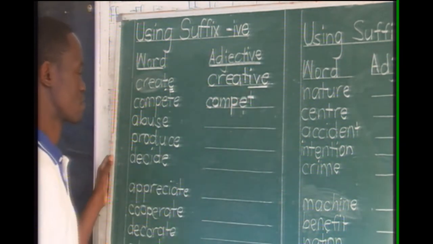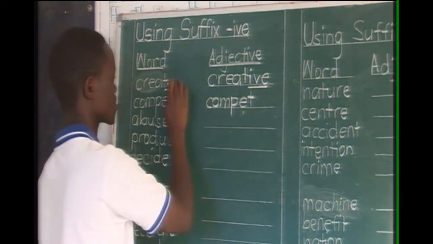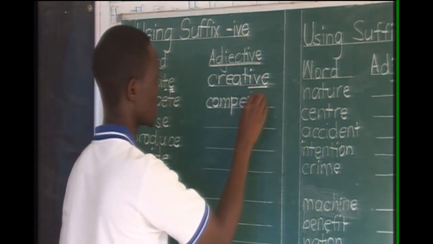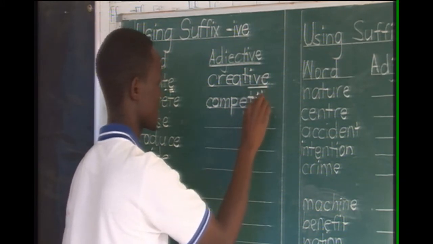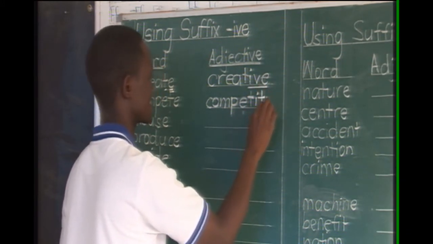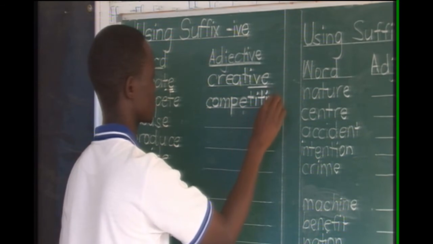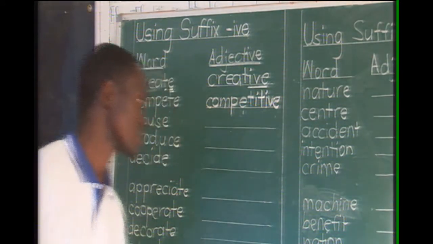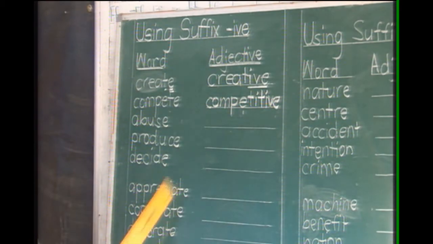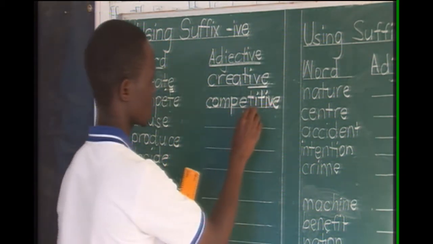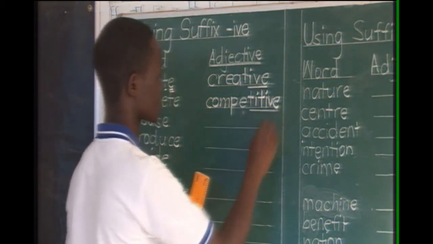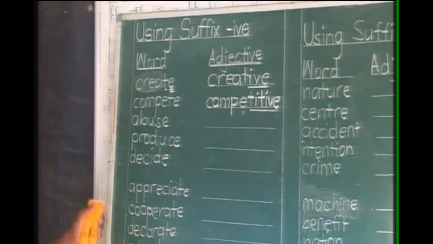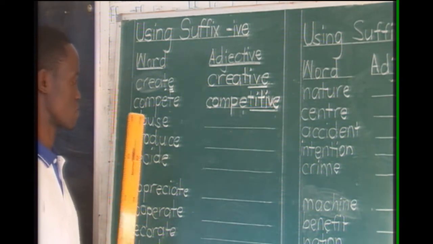What next? We dropped the E and replaced it. This time we add I and another T, then IVE. Competitive. The word is competitive. From compete, competitive. Check what is happening at the end. TIVE, competitive.